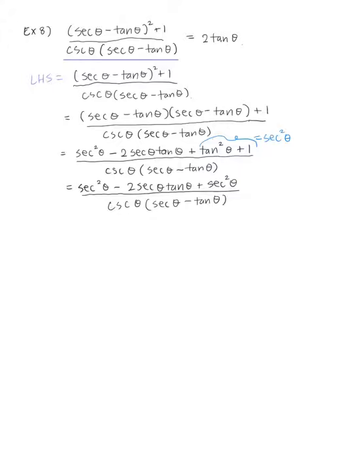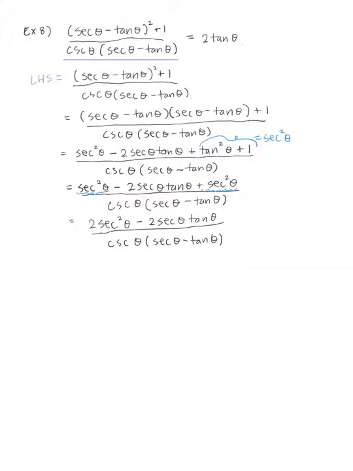Okay, now combining secant squared plus secant squared, we're going to have 2 secant squared. Oh my gosh, now what?